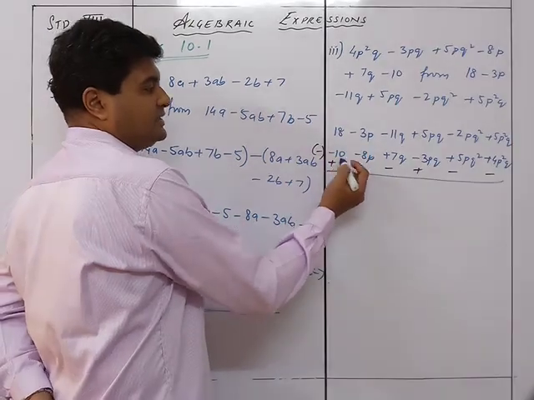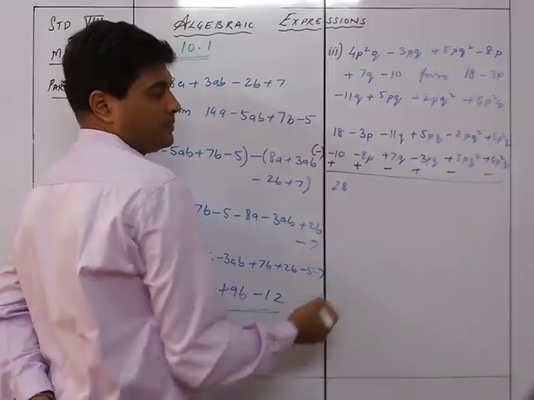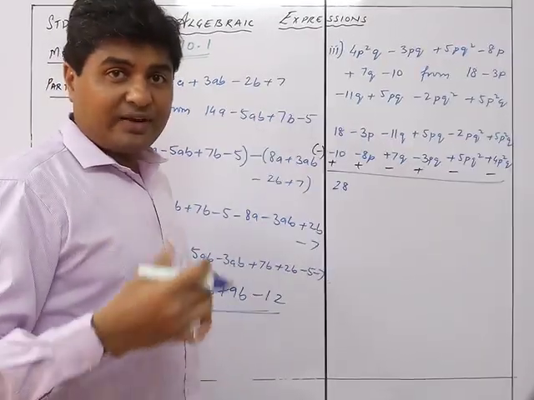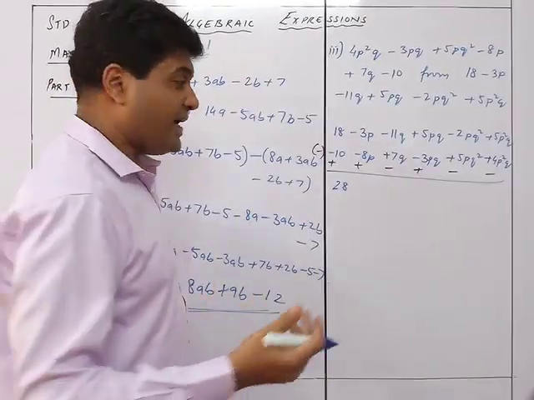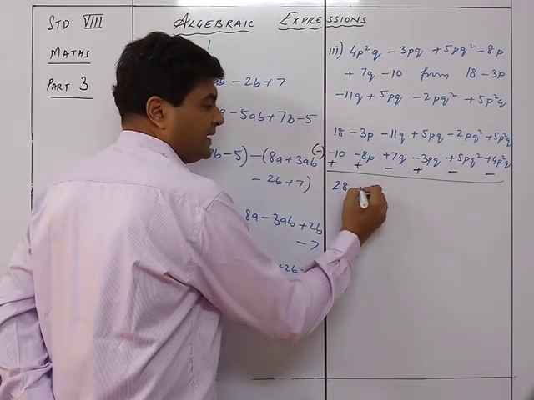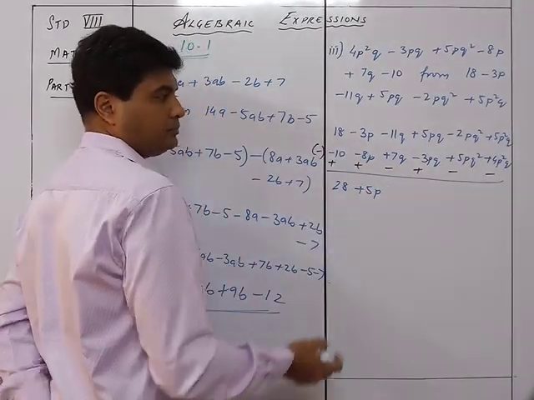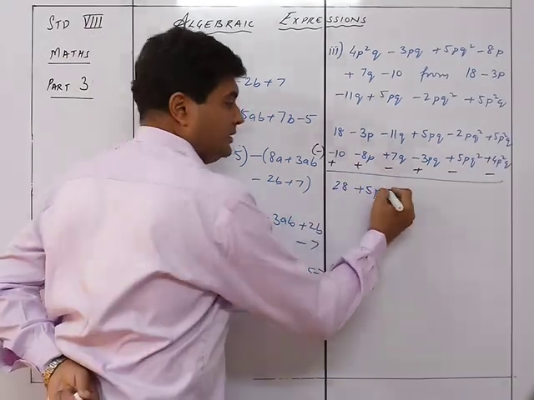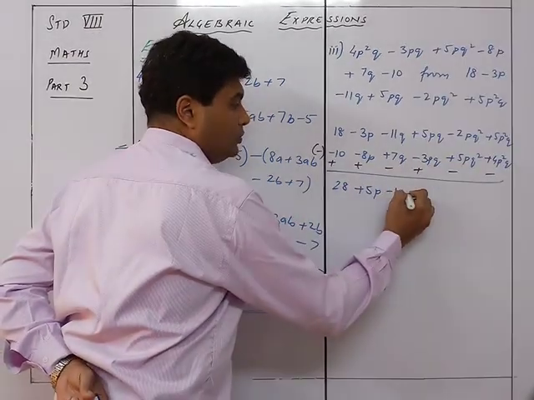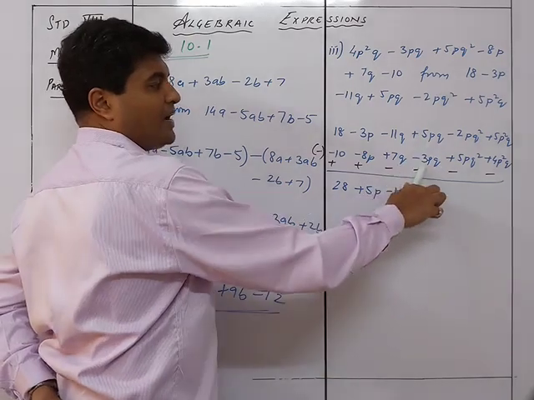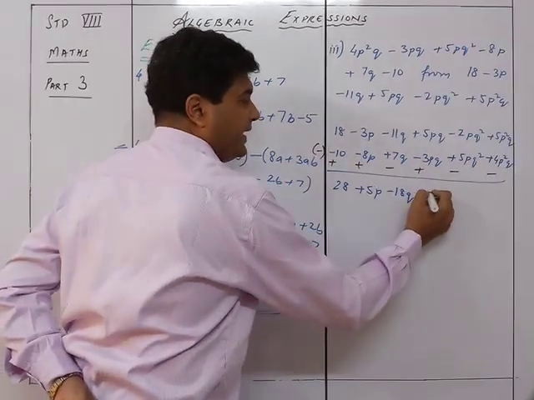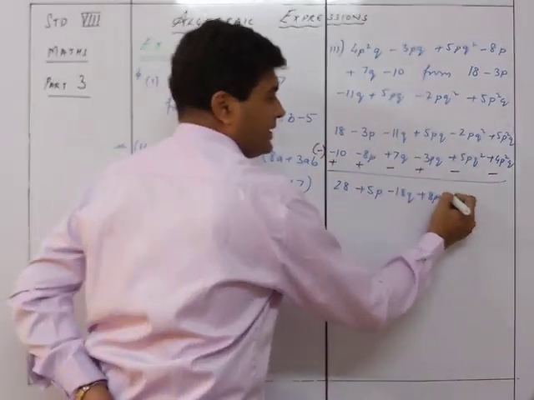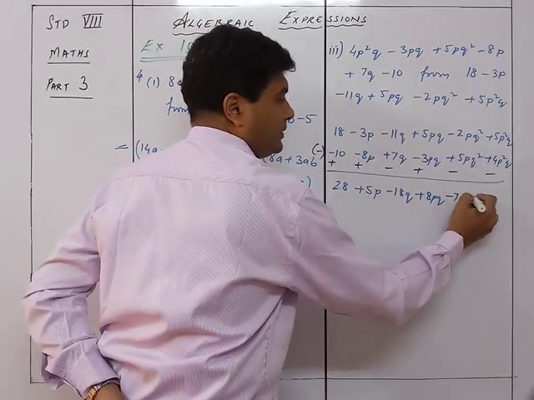Accordingly, 18 plus 10 is 28. Minus 3 plus 8, signs are different, so subtract: 8 minus 3 is 5, sign of the bigger number, that is plus 5p. Minus 11 minus 7, both are the same, so it will be minus 18q. Plus 5 plus 3 is addition again, 8pq. Minus 2 minus 5 is minus 7pq square.